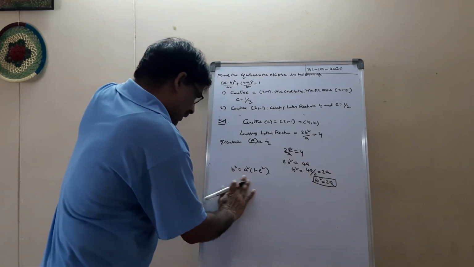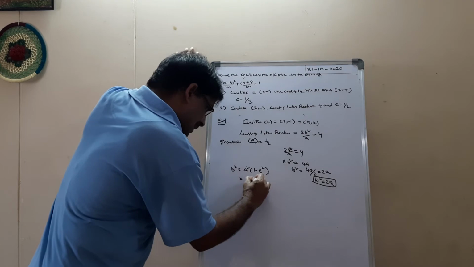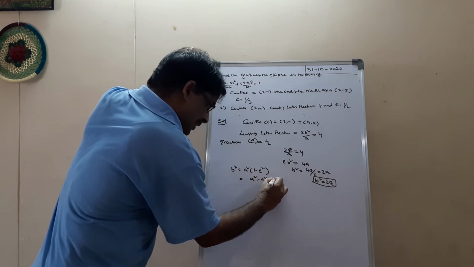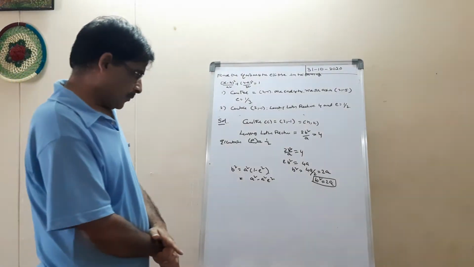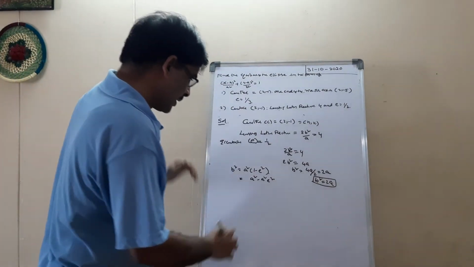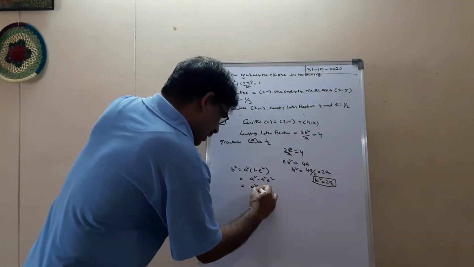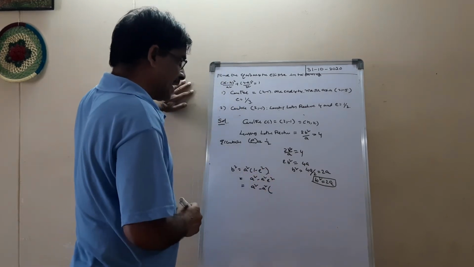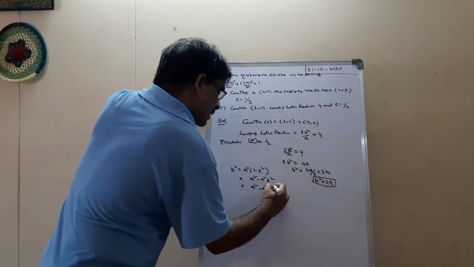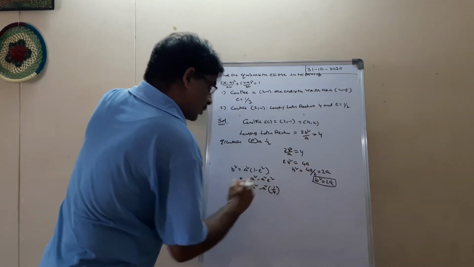2a equal to a square minus a square e square, because you know the value of e. e equal to 1 by 2 is given, so e square is 1 by 4.